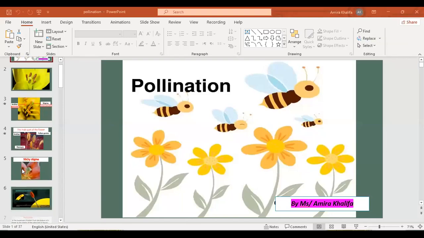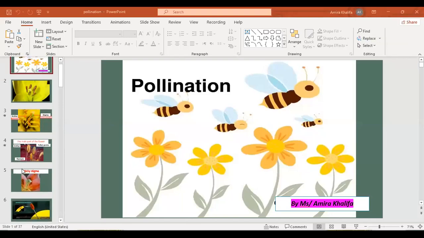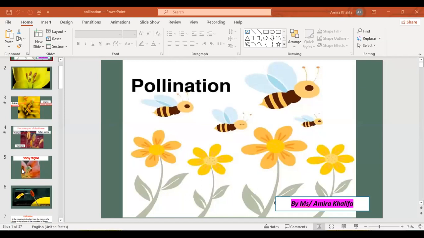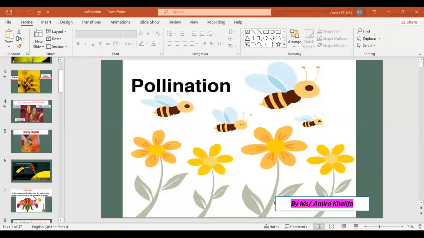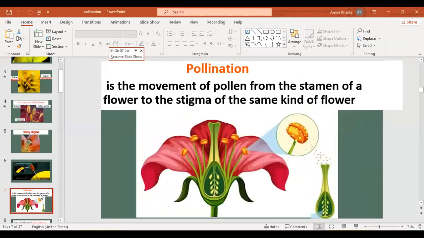So again, we talked about pollination, which is the movement of pollen grains from the anther or the stamen, the male part, to the stigma of the female part of the same kind of flower.